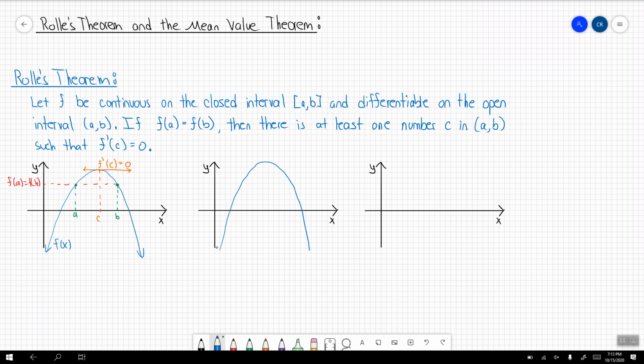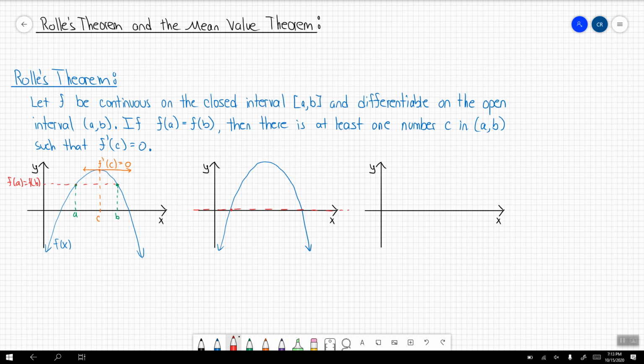What's really interesting as well is that we can take the same f of x function, and instead of having f of a equal to f of b at some random y value, we want to fix it a little bit more.